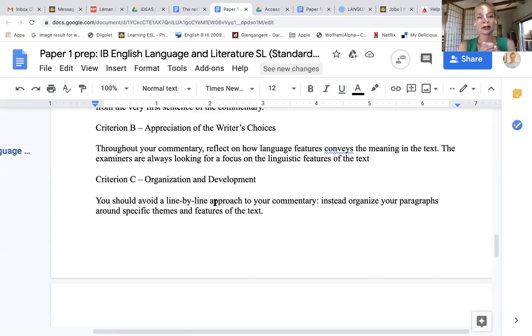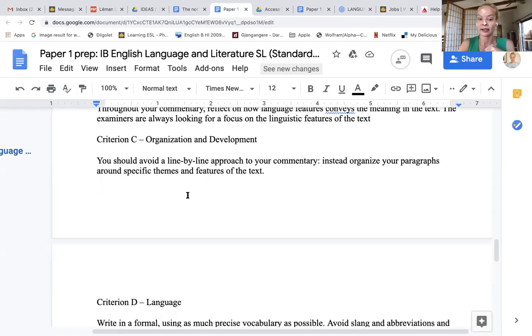Criterion C is organization and development. I can't speak today. So organization is basically what you did for the first 30 minutes when you structured your text. And if you went through all those steps and planned your essay that way, you should do pretty well in this criterion here.